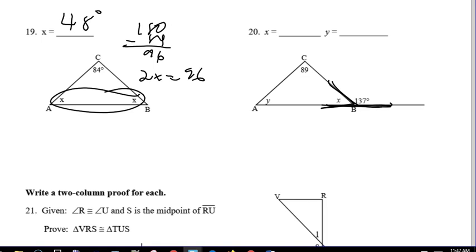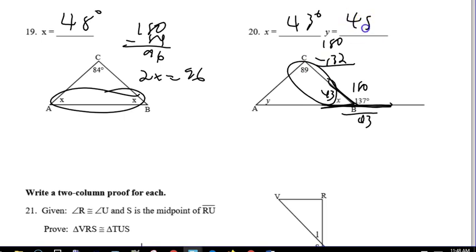They form a straight line, which is 180 degrees minus 137 is 43. So x is 43 degrees. Well, if this is 43 and that's 89, we add those together, we get 132. We subtract that from 180, we get 48 for y.